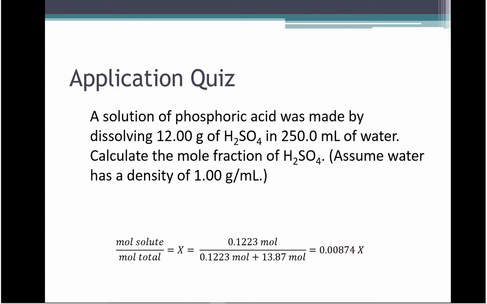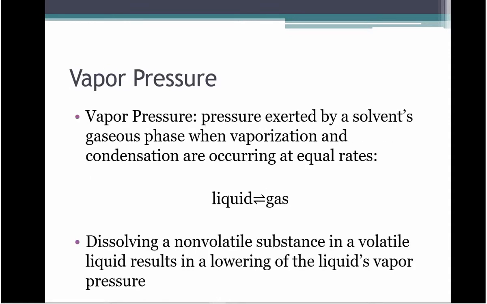Now, those are really just the ways that we can talk about an amount of solute present. And so once you know how much is present, you can actually talk about how the colligative properties were influenced. And so if you consider something like vapor pressure, in general, vapor pressure is just the pressure exerted by the solvent's gas phase above the liquid level.